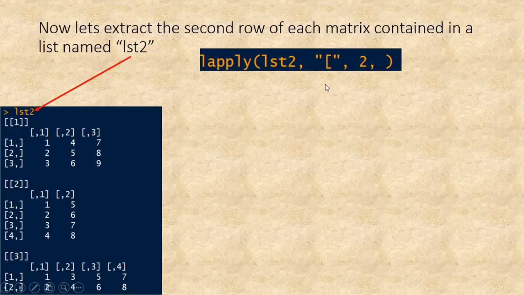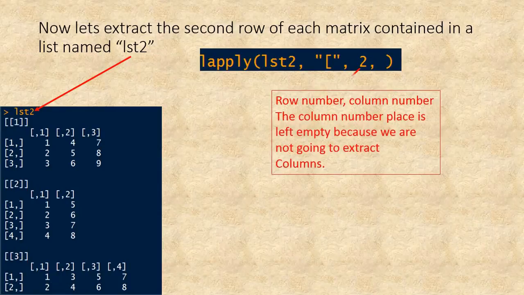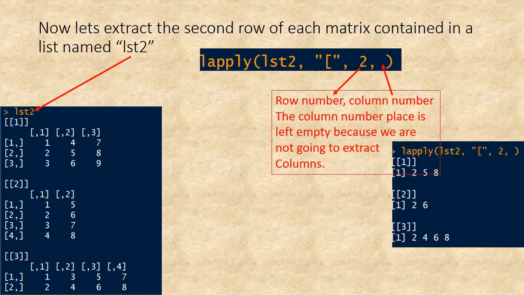So here we are going to extract row number 2 from each of these matrices. So row number 2, and row number 2. And in place of the column, you will have to leave it empty. So the output will be like this.